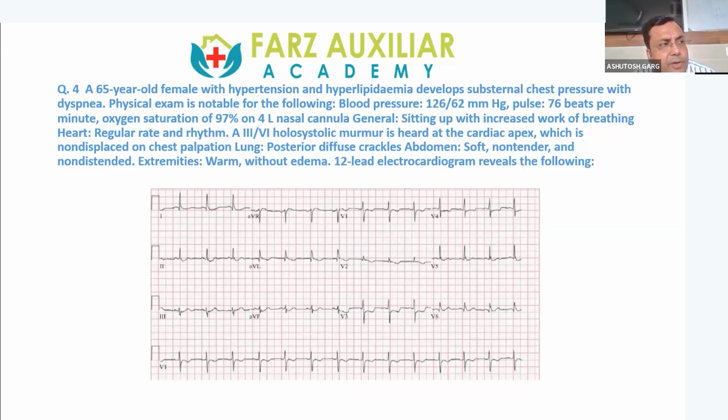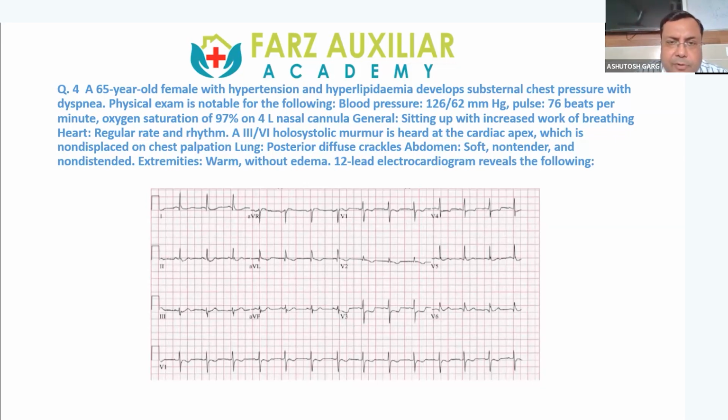There is a mnemonic of the complications of MI. In this, there is aneurysm, there is rupture, there is recurrent MI, there is embolism. So there are 4 or 5 things which are most commonly seen in the post-MI phase. So you should read more about the complications of MI. Definitely they will ask a question from the complications of MI, and this is the same question.